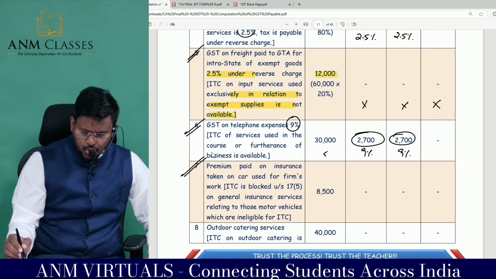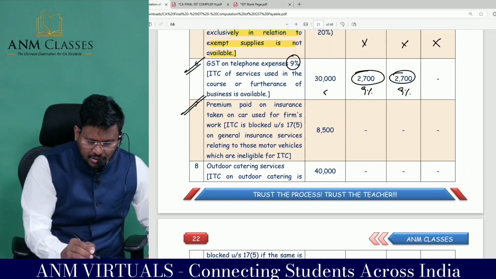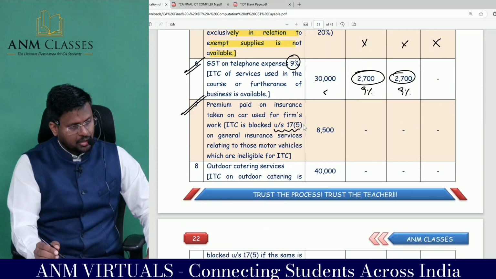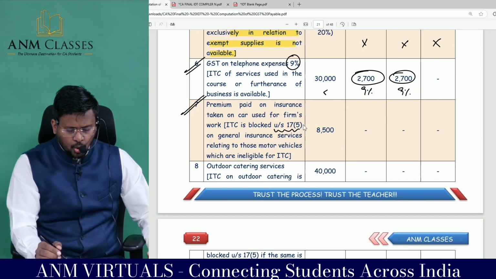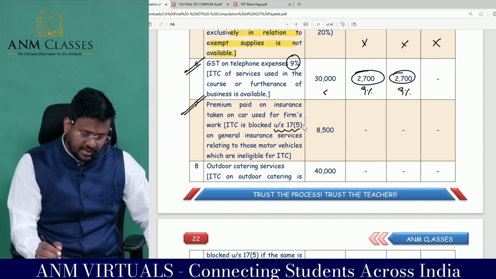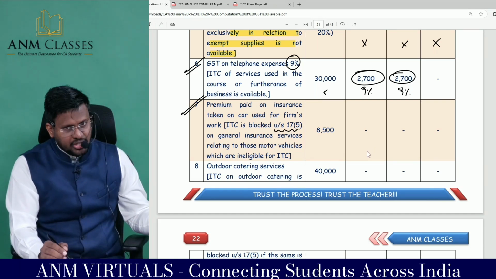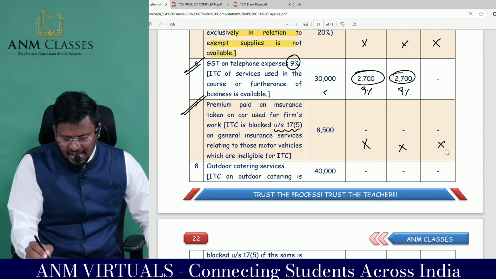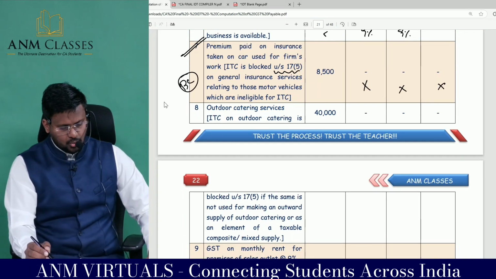Premium paid on insurance taken on car used for firm's work: ITC is blocked under section 17(5) on general insurance service relating to those motor vehicles which are ineligible for what? ITC. So for this amount you would have paid what? GST, but this cannot be claimed, because this is a what credit? Blocked credit. Fantastic to the core.